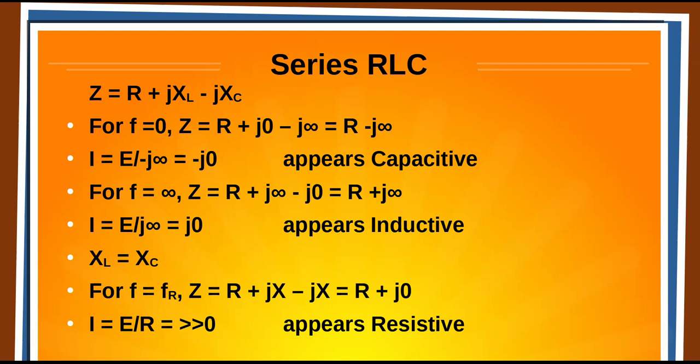For a frequency near 0 in a series circuit, you get the resistance value and a minus J infinity, because it's going to appear capacitive.